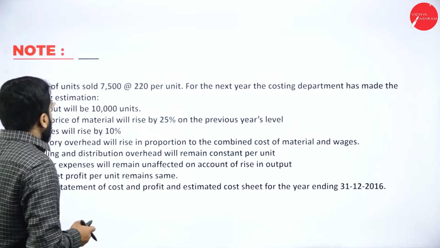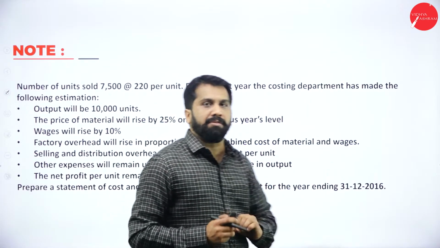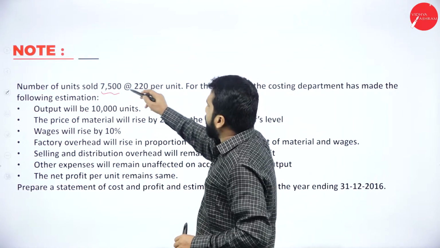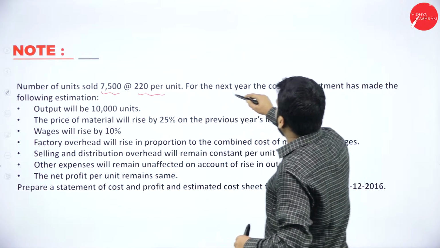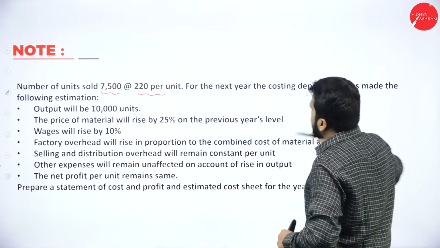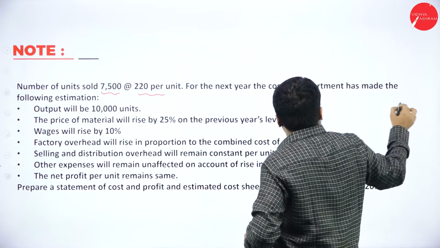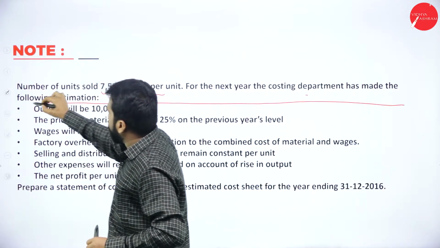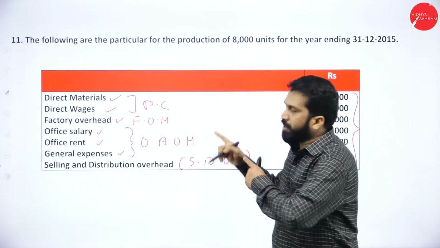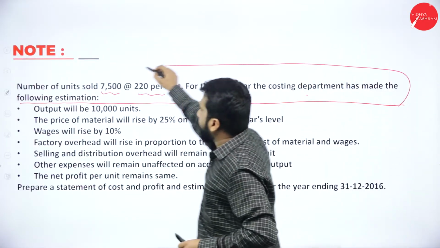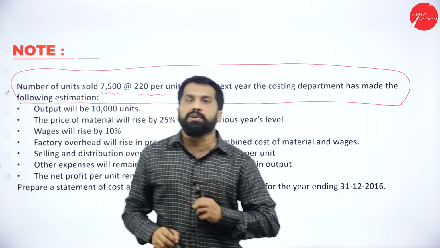Now, these are the additional informations they have given. Number of units sold 7,500 at 220 per unit. For the next year, the costing department has made the following estimation. Up to this, like your previous information, we call it the normal cost sheet.